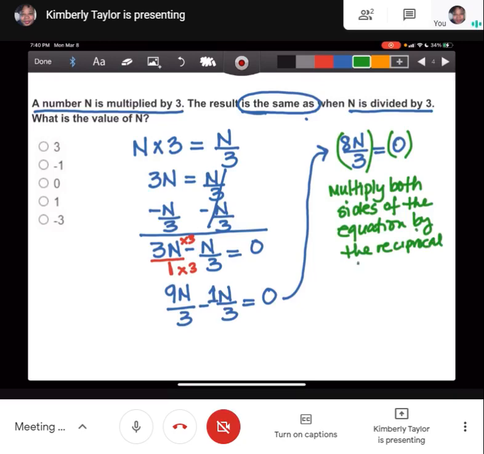So 8 over 3, the reciprocal is 3 over 8. I'm going to say 3 over 8 here, 3 over 8 here, and on this side, they cross out to equal 1. So n is equal to 0. And that's that. Let's keep going.